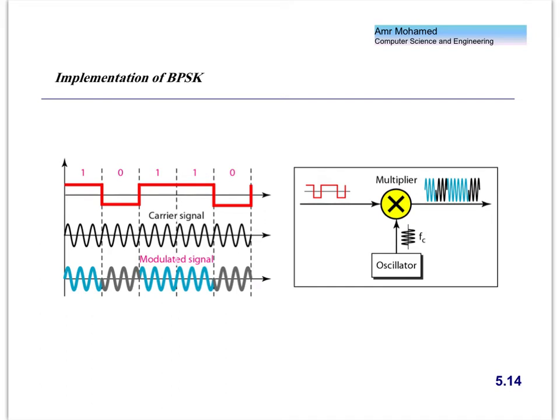So first, for the implementation, it's actually very easy. It's very similar to ASK. Okay. The only difference is that instead of using non-return to zero unipolar at the sender side, we will use the non-return to zero polar. Remember that this is all at the sender side, because we're not sending this digital signal as is on the line.